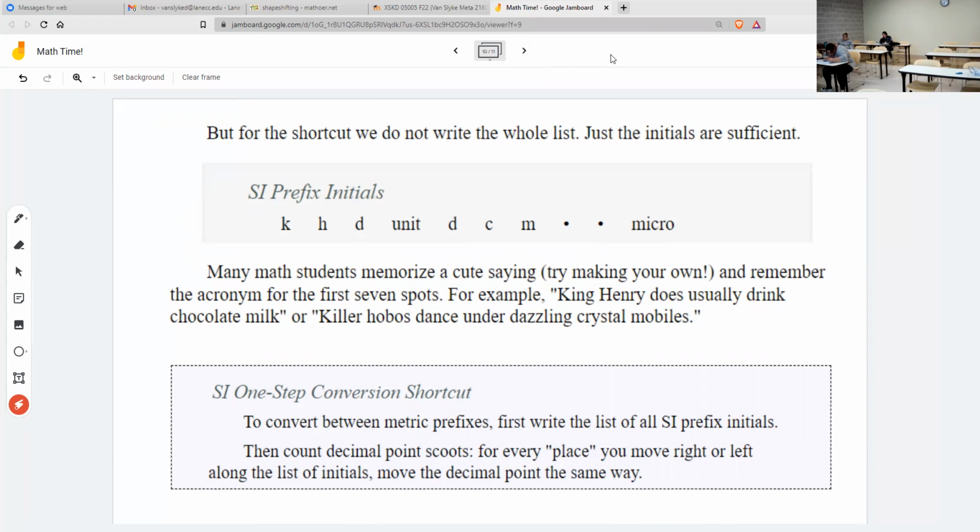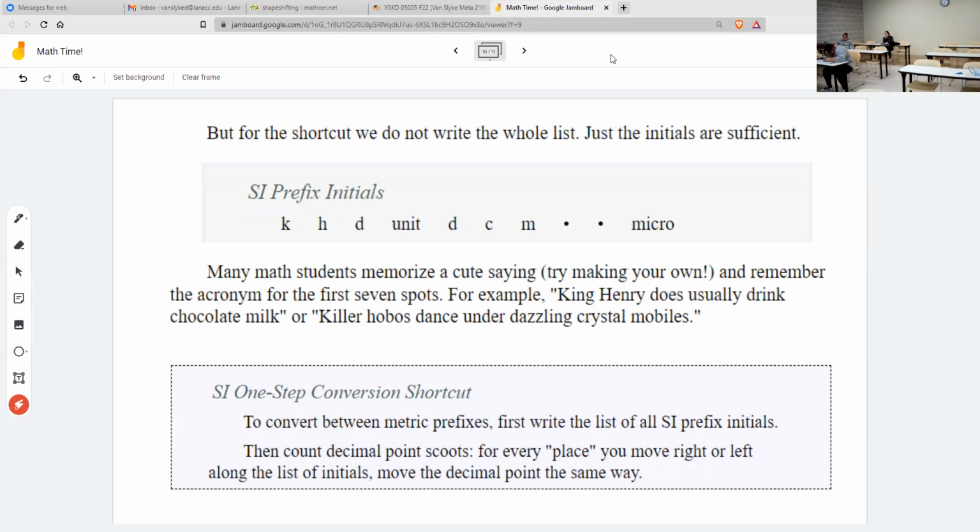So K, H, D, unit, remember, is a placeholder. We're going to not write unit, at least long term. We're going to replace it with meter or liter or gram or whatever metric thing we're measuring. Then another D, you don't have to remember that one was deca and the other is deci. Just remember there's D's. C, M, then micro.